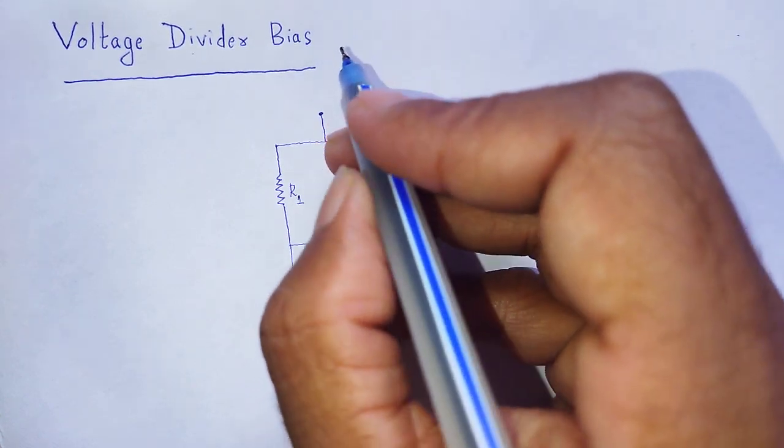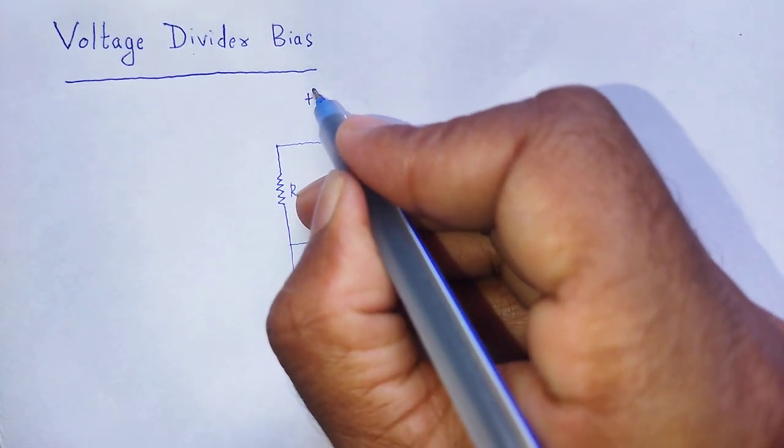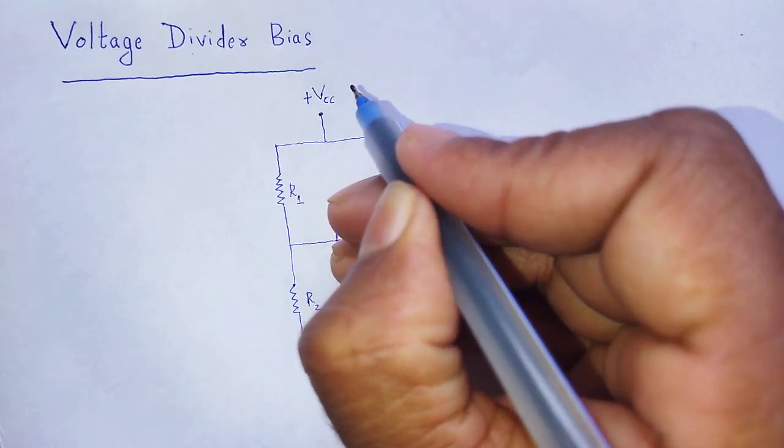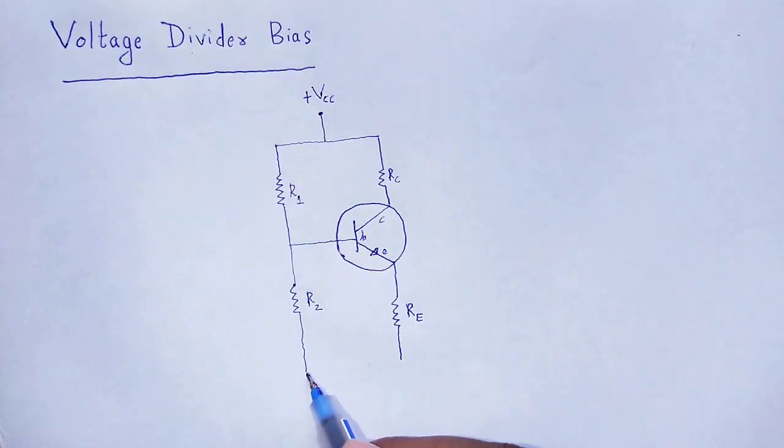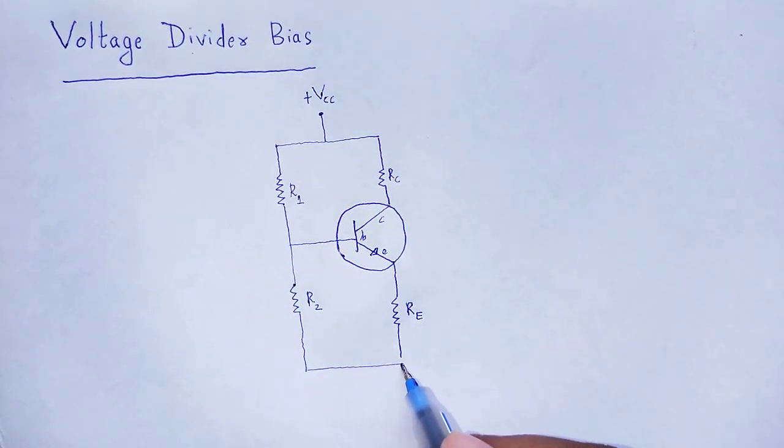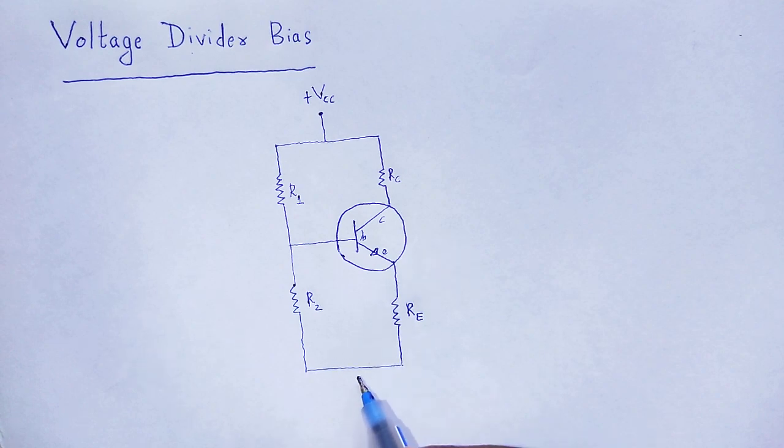Point potential plus VCC. It is grounded.